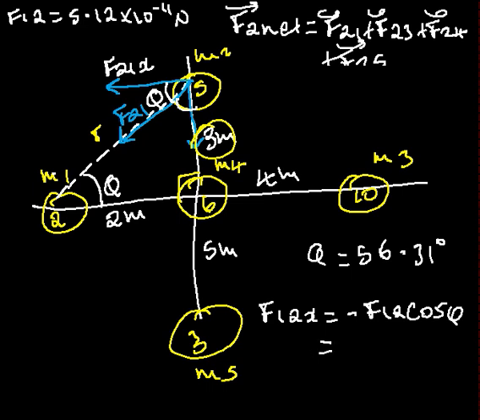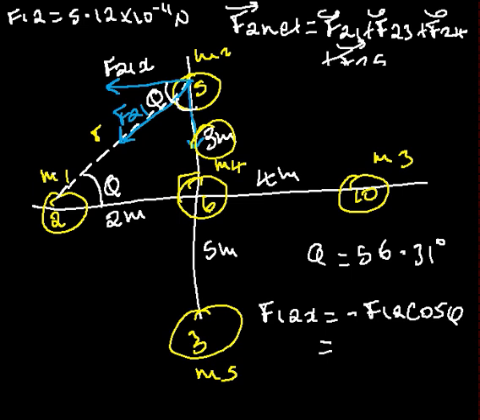And since it is going towards the left, we'll have it as negative. So in this case, F12 is 5.12 times 10 to the power negative 11, times the cos of 56.31.